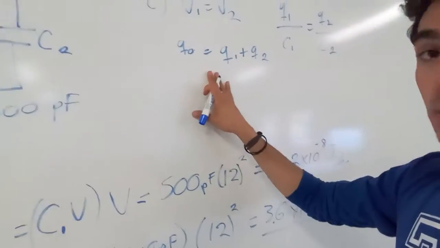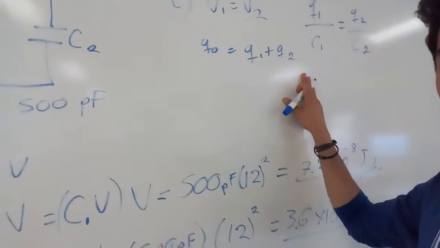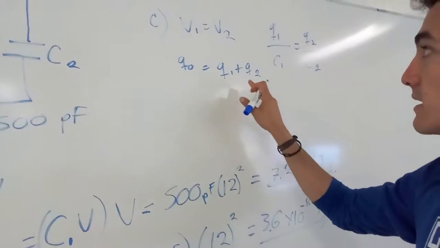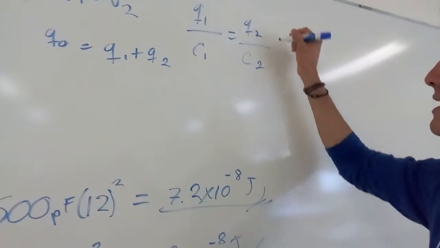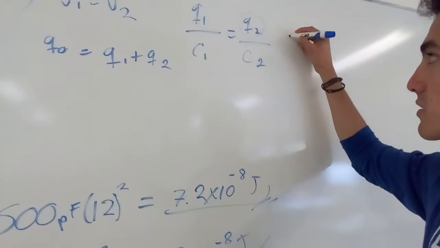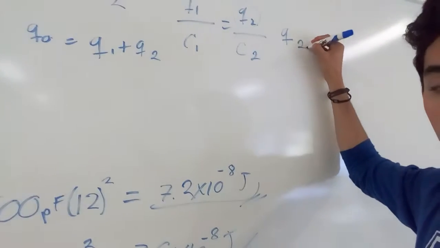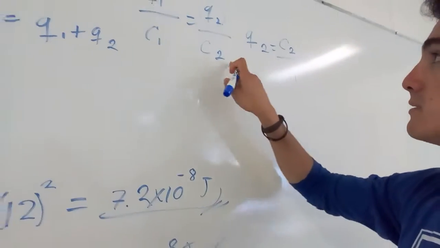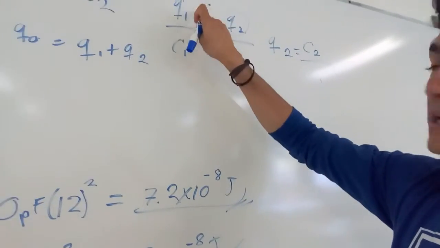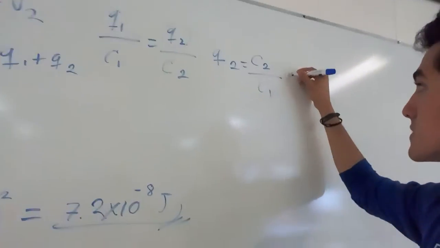Once we denote this part, we can use this other part here to obtain our charge 2, that is equal to capacitance 2 over capacitance 1, times our charge 1.